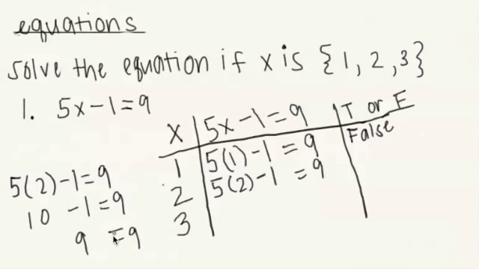Does that equal 9? It sure does. I'm going to put a check mark right there. And so in this column, it's going to end up being true. Okay? So why don't you guys work on this last one, and let's see what you get.